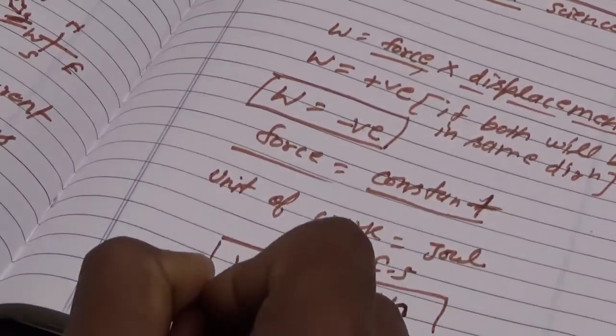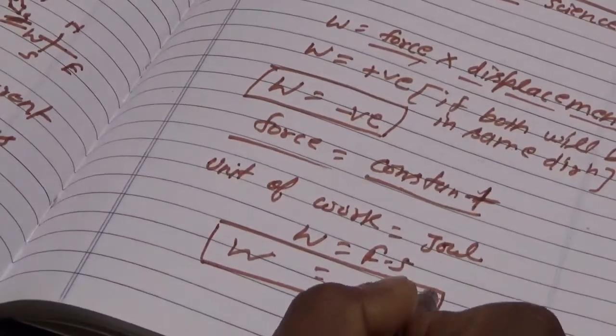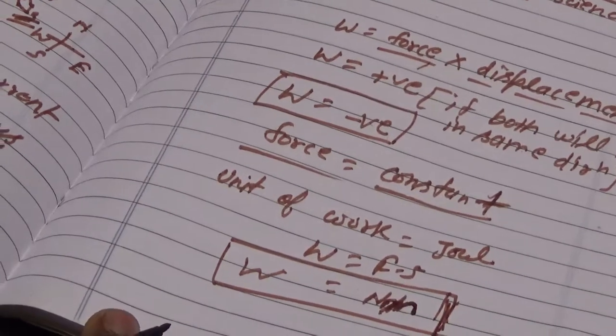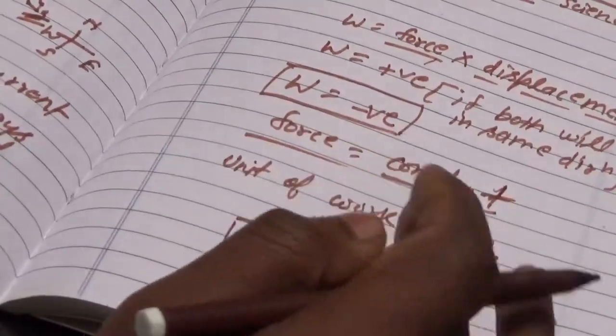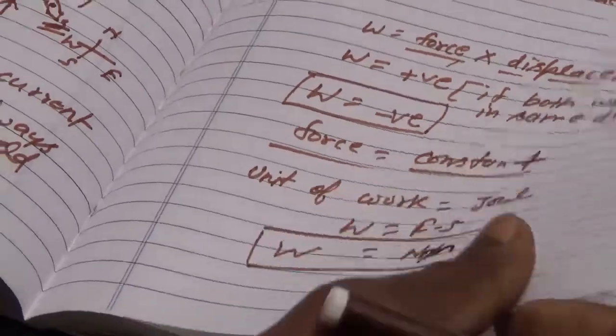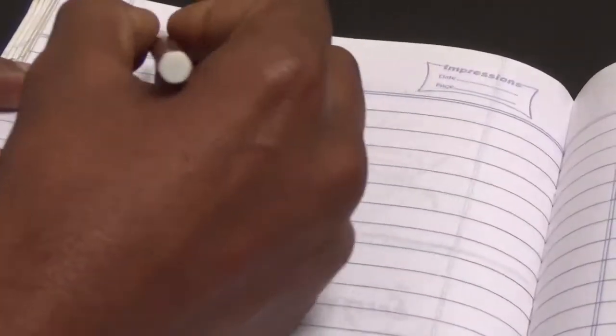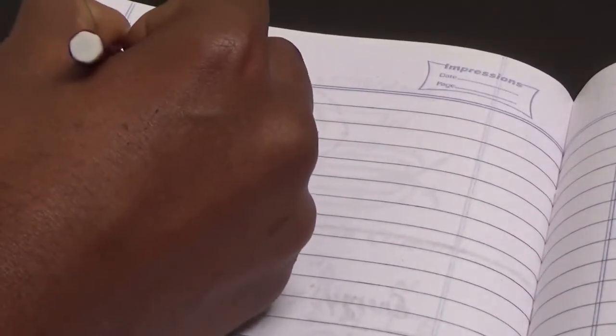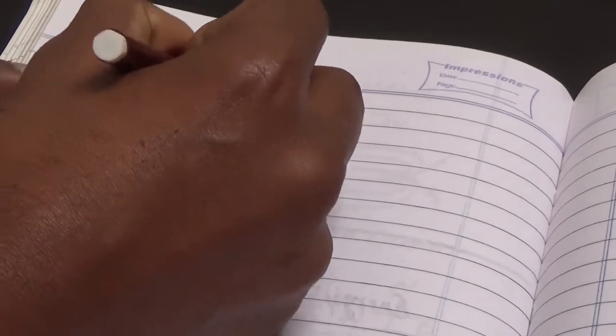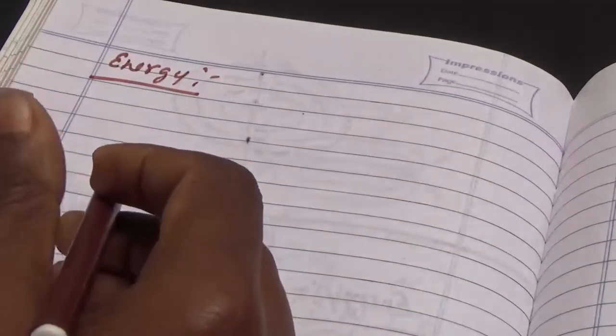So dear students, this is our unit of work. We have completed all this portion in my previous lecture. So in continuation of this topic, today we are going to discuss the complete introduction of energy.